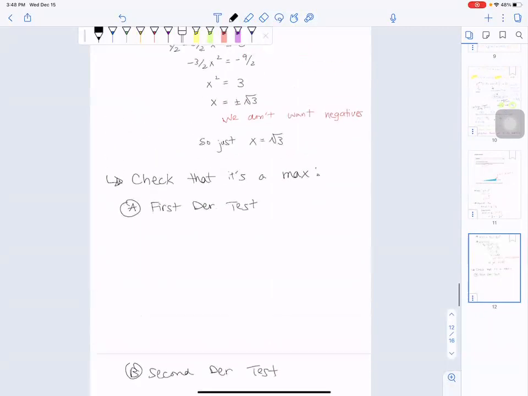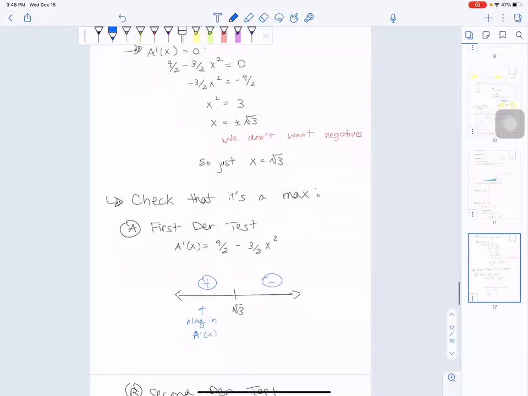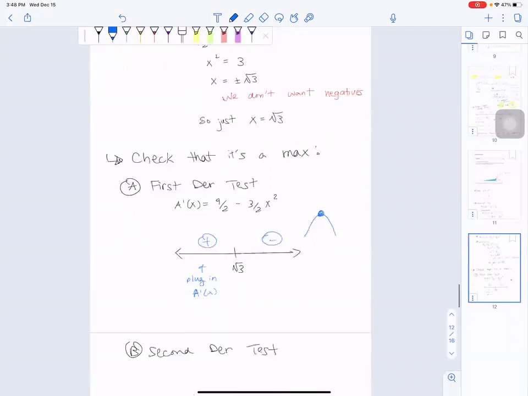For the first derivative test, we already know the derivative: A prime of x is 9/2 minus 3/2 x squared. You can make your sign chart and plug points into your derivative, and you'll get a plus and minus, so an increasing slope then a decreasing slope. Yes, it is a maximum. So the first derivative test confirms that x equals square root 3 is indeed a maximum.